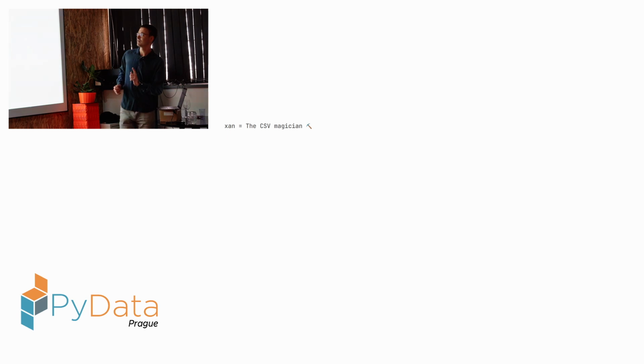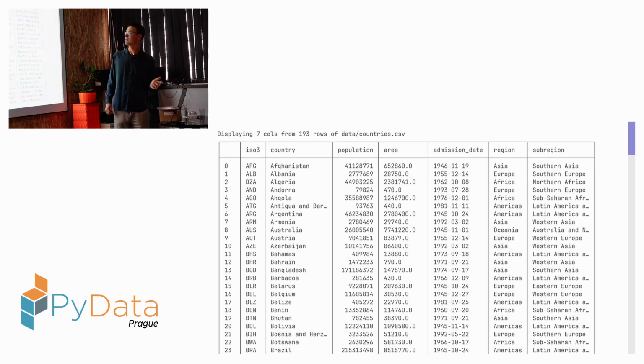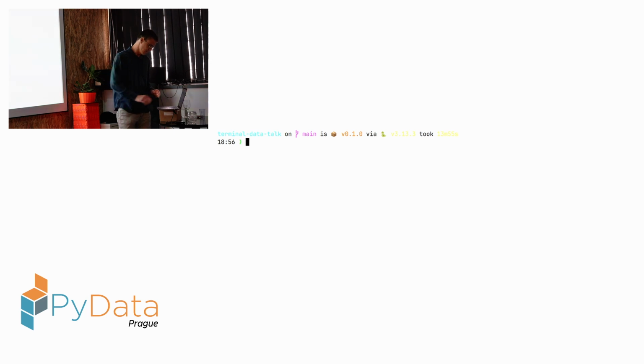I don't actually need to, because there's a tool called XAN, which allows you to do a lot of things with CSV files. First of all, it just can show them like this, which looks even better than what we had before. But it also allows a lot of operations. Okay, so sorry, I just randomly exited my presentation, but it doesn't matter.